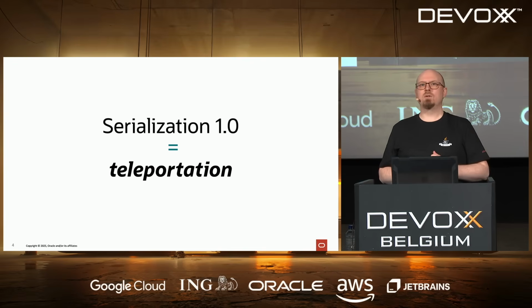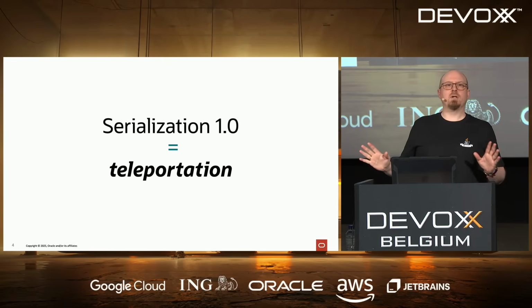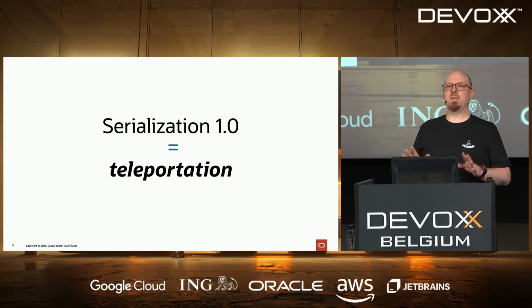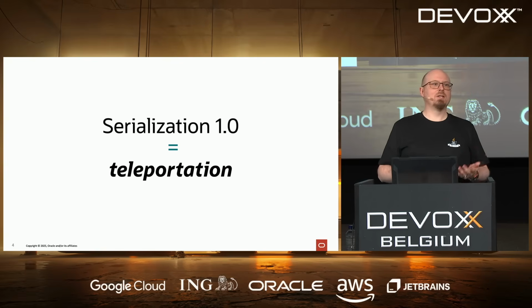So when you add this new class, what about serialization? When you add this new language feature, what about serialization? And serialization sort of cuts through everything. So it's a very impactful feature in terms of how many people need to consider it and how often it needs to be considered.